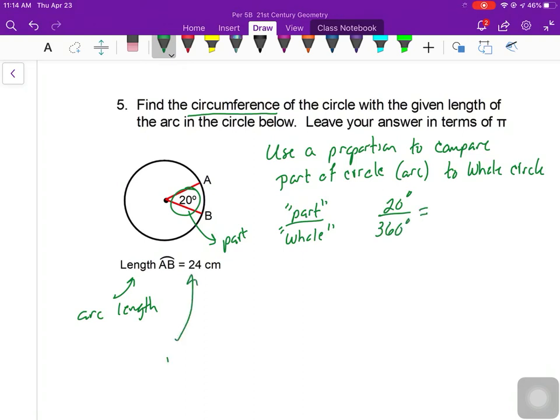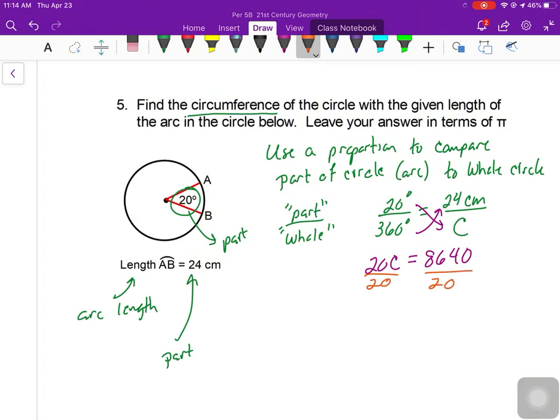On the other side of the proportion, we have the arc length for the part. So that goes on the top. And we're looking for the overall circumference. As we've done always before, you solve proportions by cross multiplying. 20 times c would be 20c. 360 times 24 gives us 8,640.